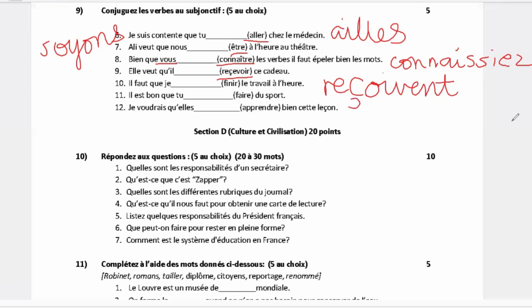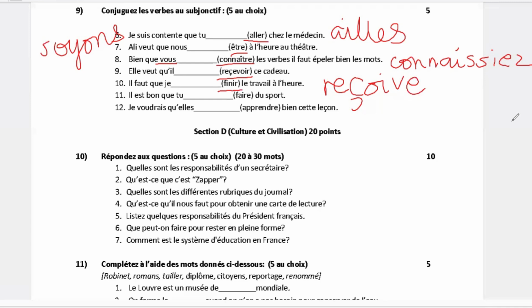So now as per my rule, I'm going to remove my ENT. What is left? REC cedilla OIV. To this I'm going to add, because it is ill, I'm going to add E.